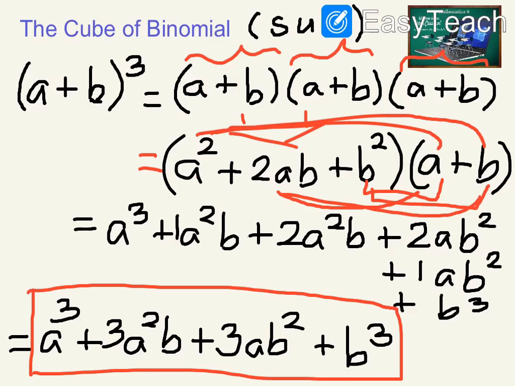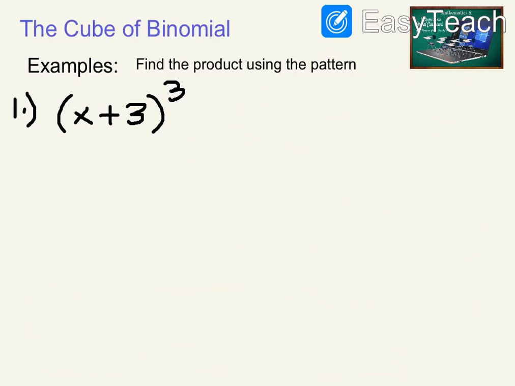Okay, so here we have an example. Sa next page, we have x plus 3 raised to the third power. So according to the pattern, all you have to do is to again raise the first term to the third power, plus multiply it by 3.